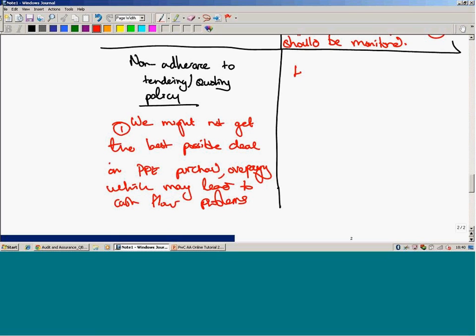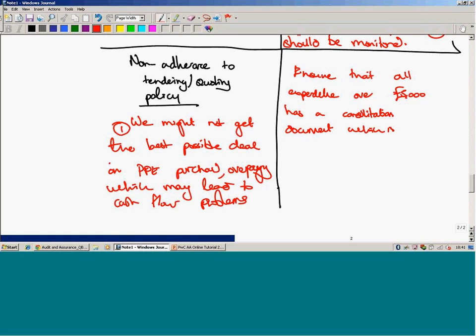One more thing. That expenditure over £1,000 has a quotation also equivalent with senior staff.